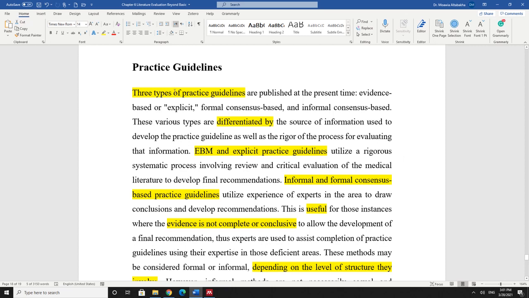Regarding practice guidelines, there are three types of practice guidelines you need to be aware of. Of course, clinical practice guidelines are important in the hospitals, and they are important also for the pharmacists, because they tell you how to deal with any situation, what you should do first, second, what the steps are. So if you follow these guidelines, it will give you some kind of legal protection. Meaning if you don't follow the guidelines and something happens to the patient, they may tell you it's your fault.